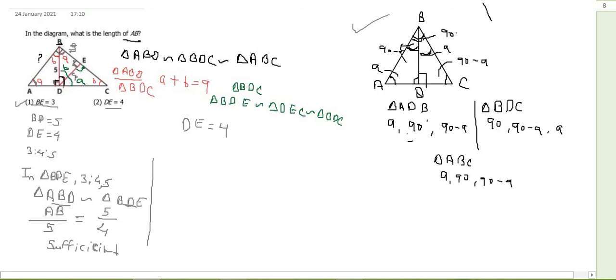Now we are given DE is 4, so we can identify that BE is 3, right? So the same information which was given in statement 1 is also given in statement 2. Both statements are almost the same. We can say that even this statement alone is sufficient, because we will follow the exact same procedure and get the value of AB. So even this is sufficient.